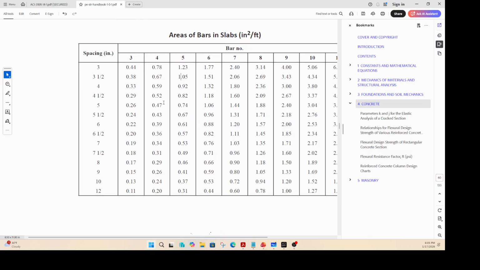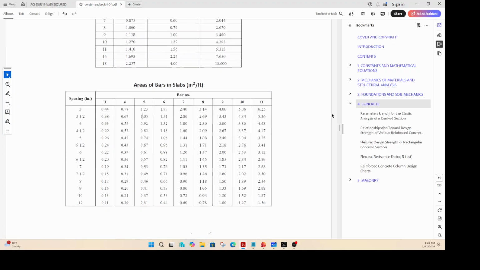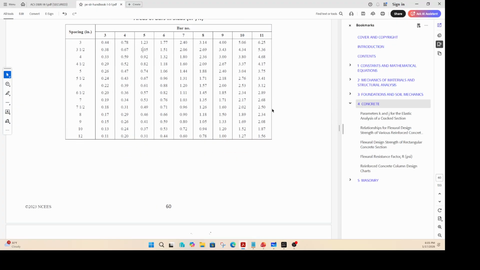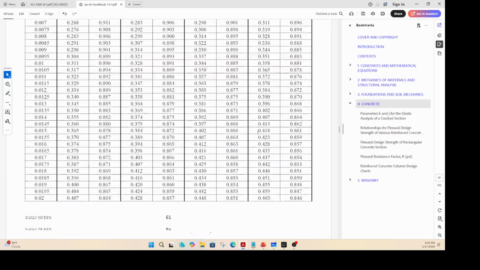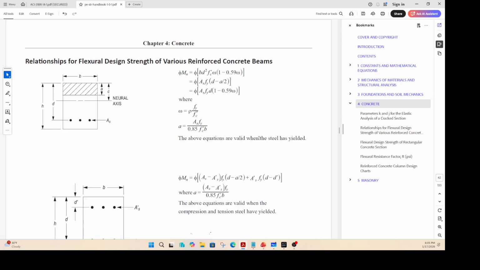So this is where you get your area information from, right? From this table. Like I said, number 9 bar is not 1 inch diameter. It is 1 point something. Area is 1 inch square. What I want to show you is there is a section wherein they show you how to calculate this one here. This is for the previous problem where we did all this, correct?